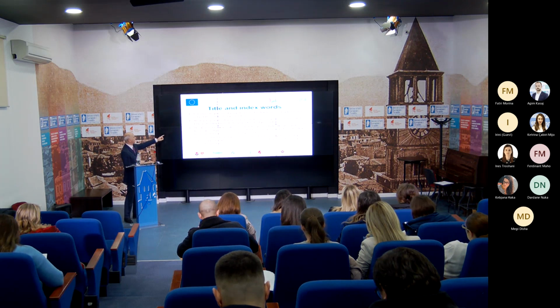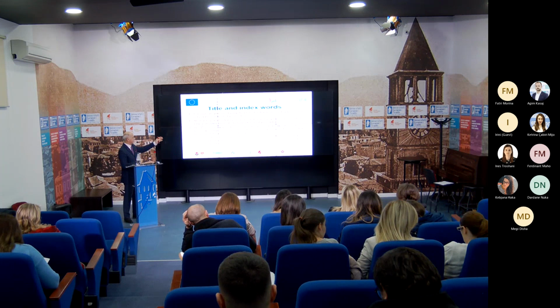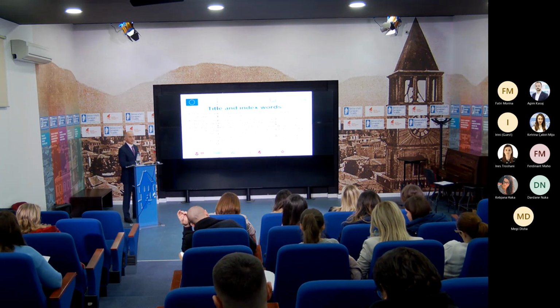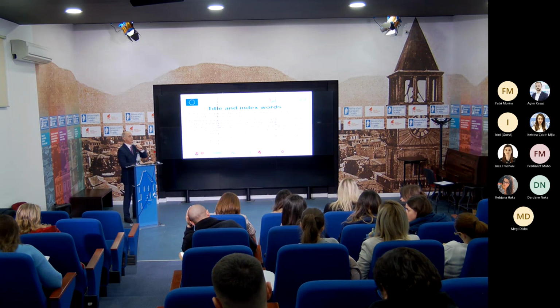We have to think about how we would search for our article. So by which words? These are the exact words. Let these terms guide our selection of index terms, because it's an issue to clarify which will be the index words or keywords.